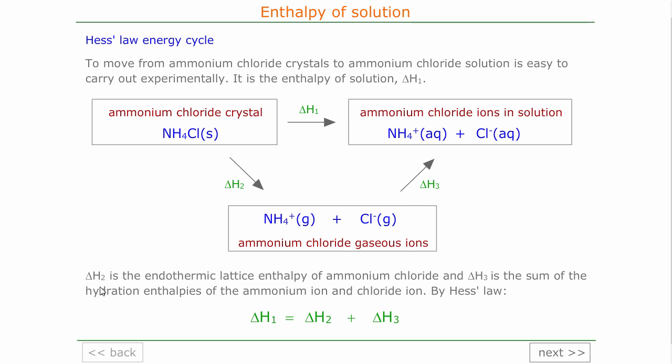So if we want to put this as a cycle, it is shown like this: delta H1, this process, can go via delta H2 and delta H3. Clearly the energy change of delta H1 is equal to the energy change delta H2 plus the energy change delta H3. We have the equation delta H1 equals delta H2 plus delta H3.